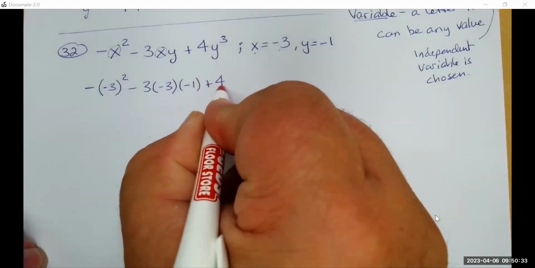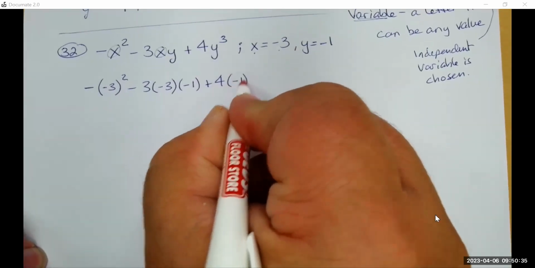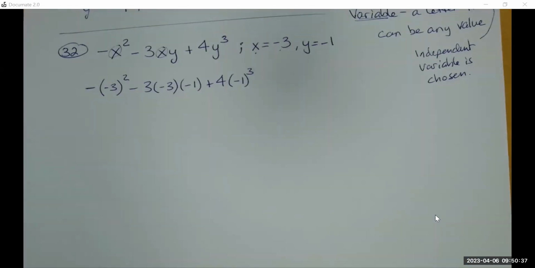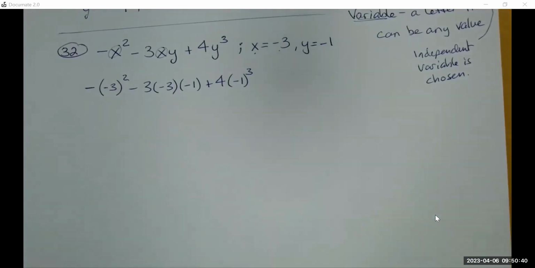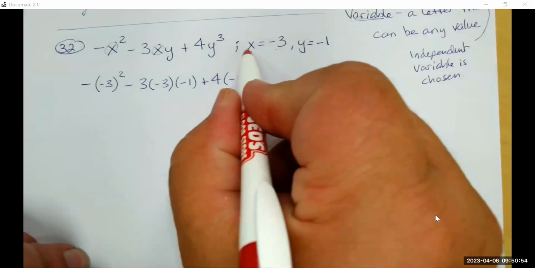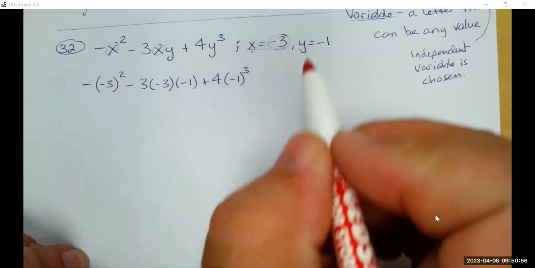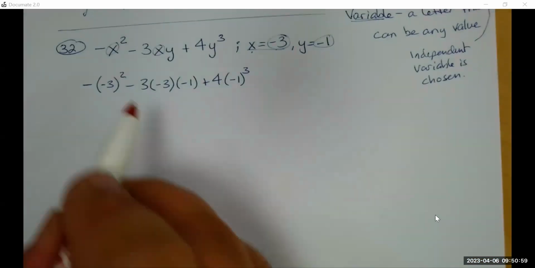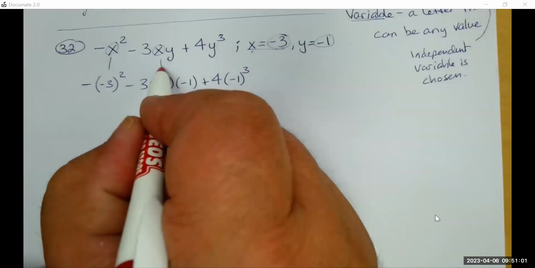So anywhere we see a y, we put a -1. When I first saw this back in high school, many decades ago, it didn't make any sense. And then once I started working on it, yeah, it makes sense now. So pretty much anywhere I see an x, I just put a -3. And where you see a y, a -1. So that's what I did there.